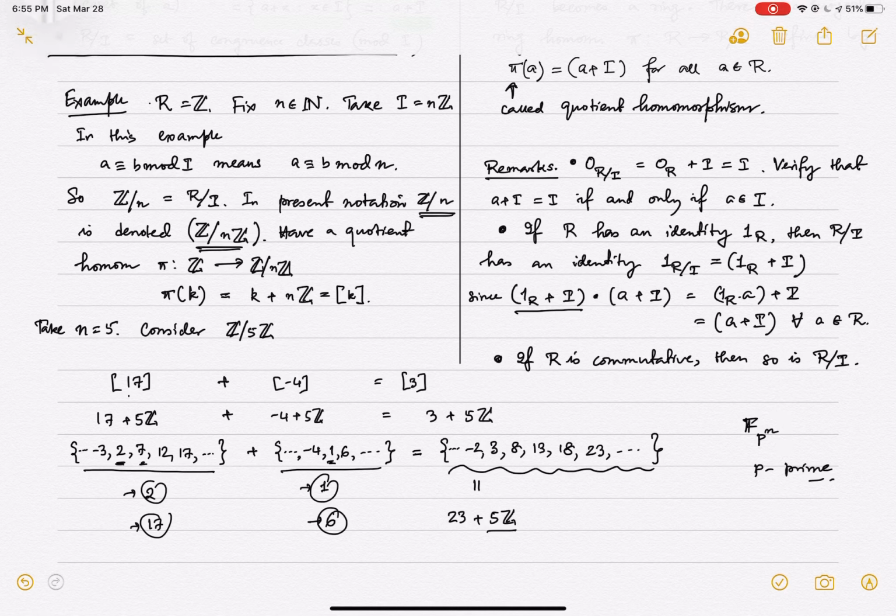In computer science, we'll also construct these finite dimensional extension fields of rational numbers. So fields that contain the rational numbers and are finite dimensional vector spaces over the rational numbers.